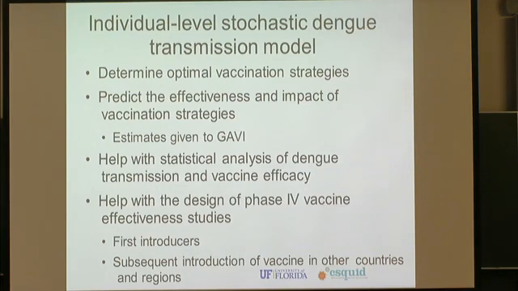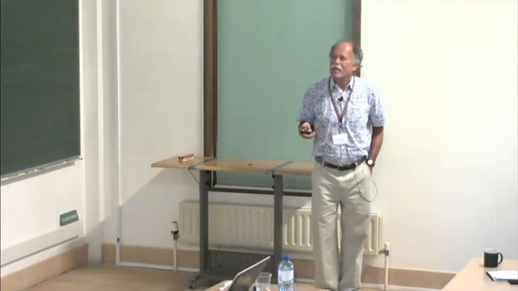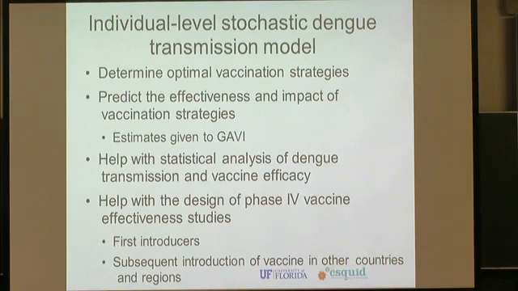And dengue vaccines are coming, and the current leading candidate, made by Sanofi, is in a phase 3 trial throughout the planet at this point. And we're working very carefully with all the entities involved. We want to be able to predict the effectiveness and impact of vaccination strategies, and especially make estimates of that impact for investment cases for dengue vaccine, for example, by the Gavi Alliance.